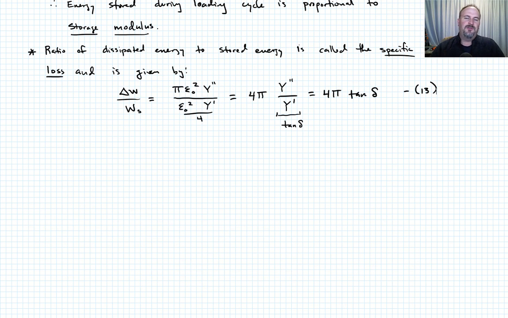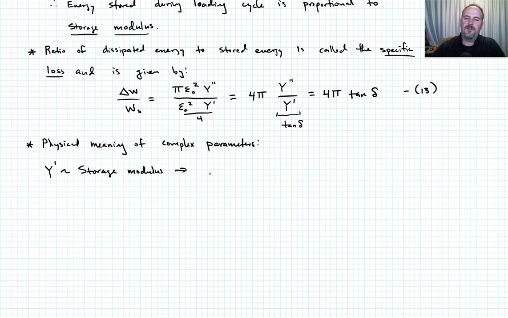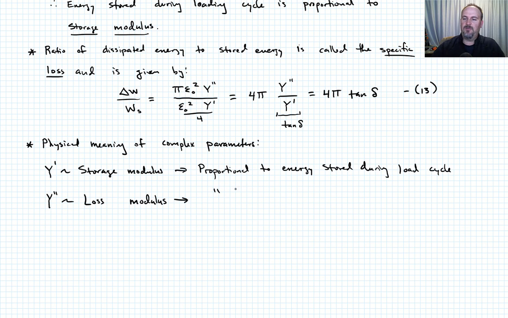So what we've really done is define the physical meaning of these 3 key complex parameters for describing viscoelastic behavior. Just in summary, here's the physical meaning of these complex parameters. We have y prime, which is the storage modulus, proportional to the amount of energy stored during a load cycle. We have y double prime, the loss modulus, proportional to the energy dissipated during the load cycle.